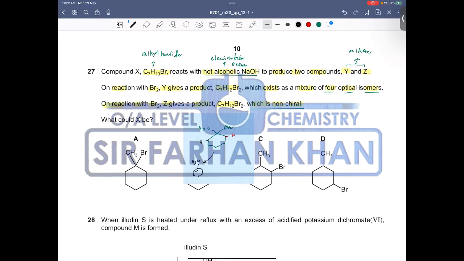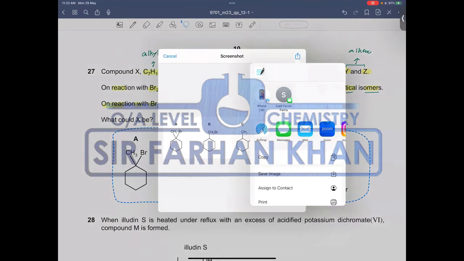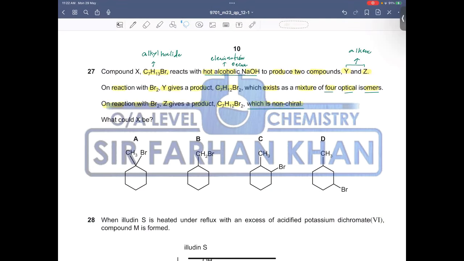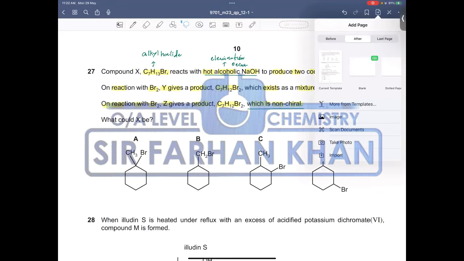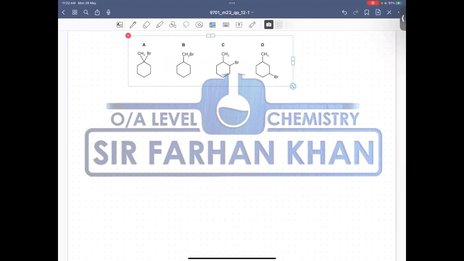I need more space because I need to react with HBr as well, so let's use another page so that I can work with peace of mind. It's a lot of working actually. Now I can solve without hesitation because I have space.